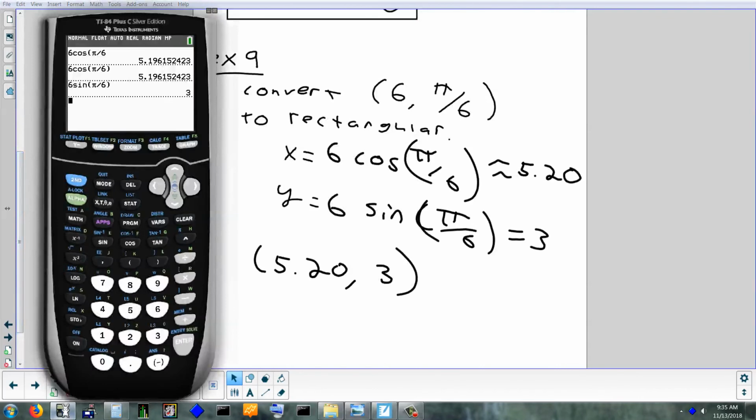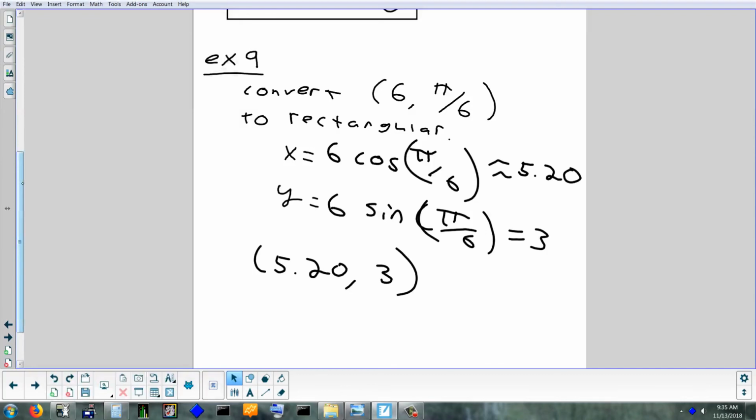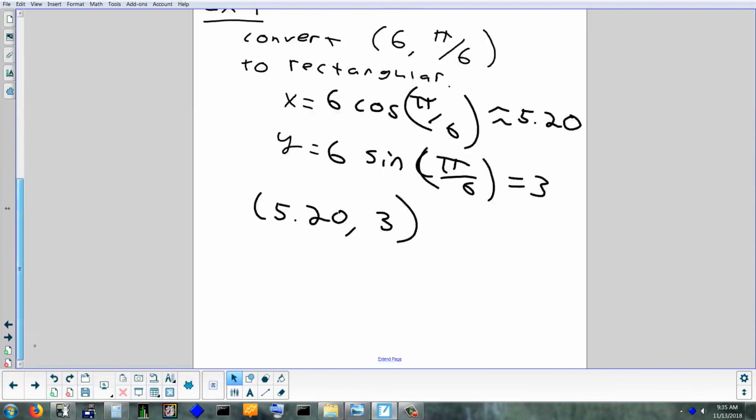Now that's writing it as a decimal. You might see it written a little differently on a test. Let me show you what you might see. So that's 3 over 2. So 6 root 3 over 2, which would be 3 root 3.